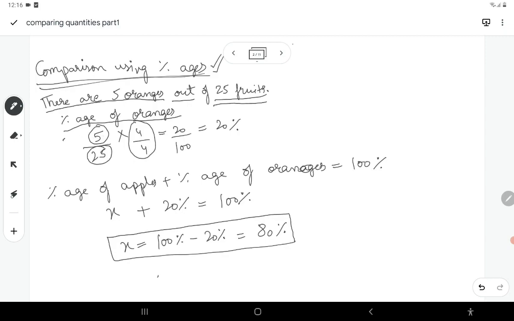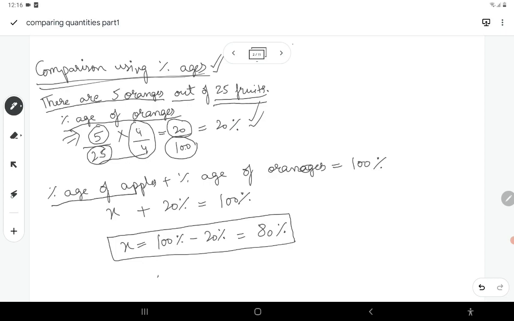So the percentage of oranges would be 5 divided by 25 into 4 by 4, which makes the denominator 25 into 4 equal to 100, and the numerator becomes 5 into 4, 20. So 20 by 100 equals 20%, as percent is equal to 1 by 100.